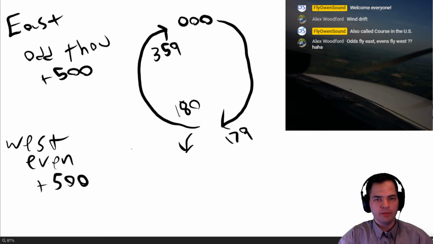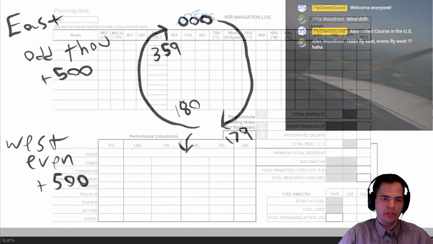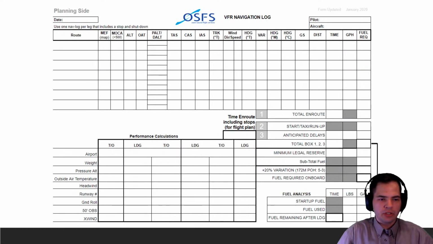So I was saying magnetic track, as opposed to what? There's a couple different types of track and heading, and they can be confusing sometimes on test questions. When you're actually going to plan across country, you'll probably use something like this.